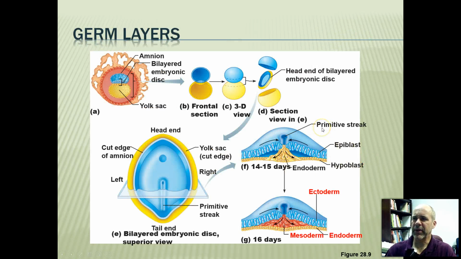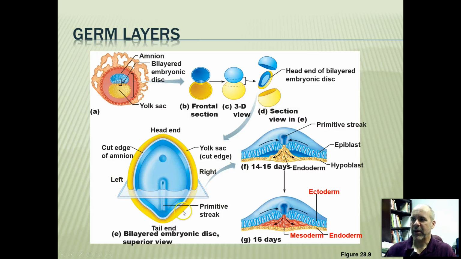Now, we talked a little bit about this. We didn't get into embryology or the detailed development of the embryo all that much. But early in pregnancy, so here we're looking at like 14 to 15 days, 16 days, the embryo forms a disc-like structure. And here you're looking down on top of it, head and tail.